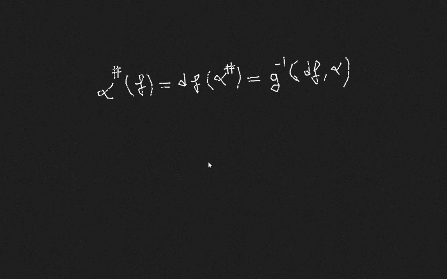So you see, it's completely intrinsic. We are not using coordinates. We're writing things down in coordinates because then it's useful, but we are just doing things with global objects. So alpha sharp is something which is defined all over M. We don't have problems in those coordinates; it's a true geometric object.